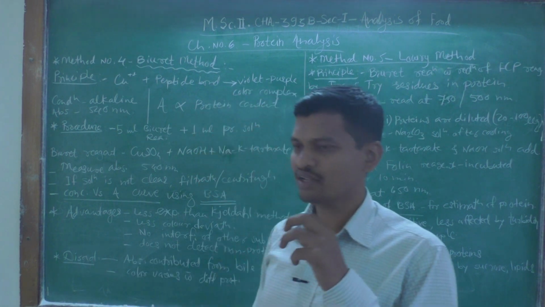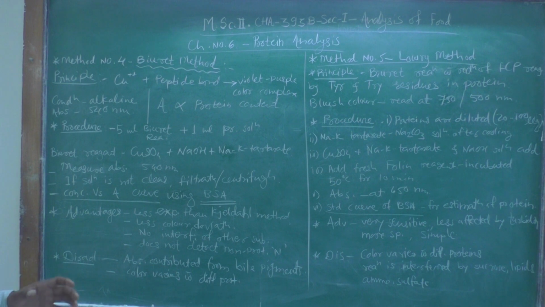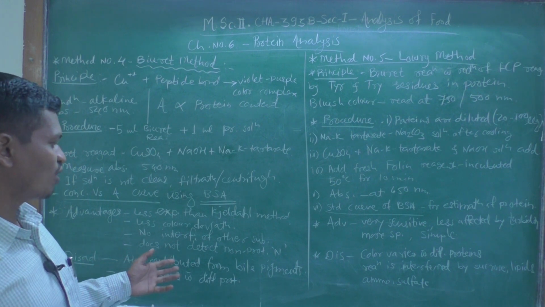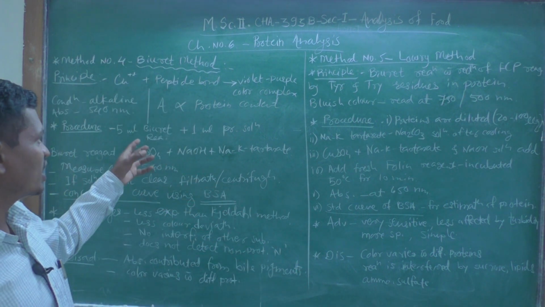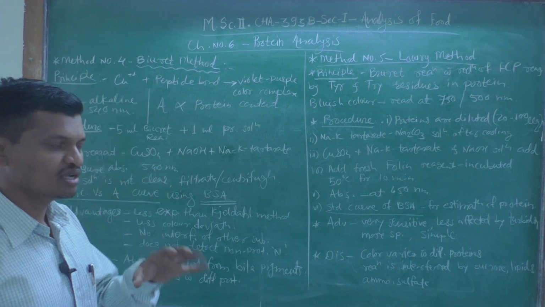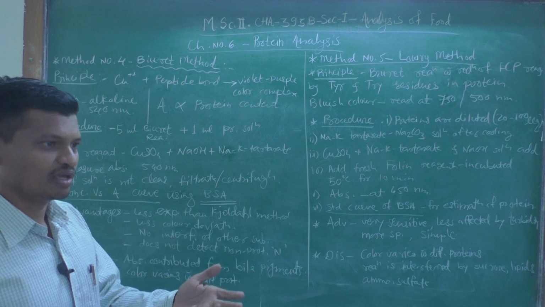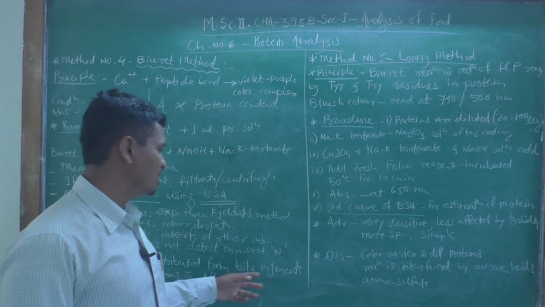Then, it may have some disadvantages. One is absorbance contributed from bile pigments. The absorbance that we are detecting by using a spectrophotometer or colorimeter may be partly contributed by the bile pigments.